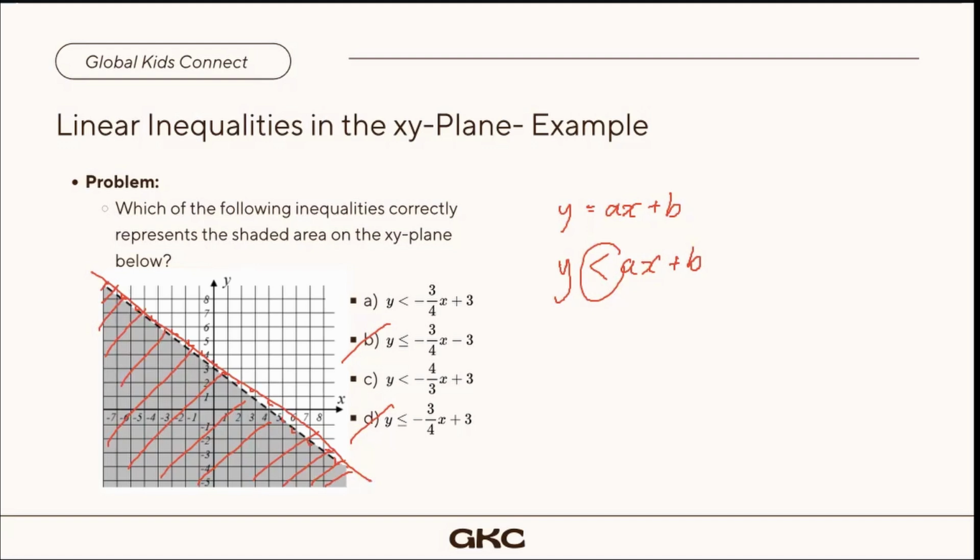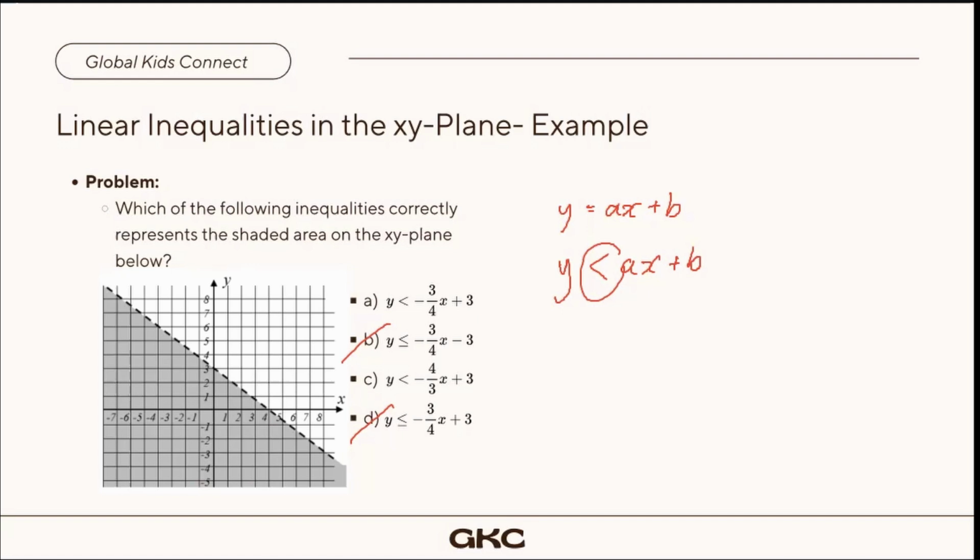Before we move on, anybody have questions regarding this? Okay, I do have a question. Yes. If dashed or dotted lines represent just less than or greater than, then what kind of lines represent greater than or equal to, or less than or equal to? Okay.